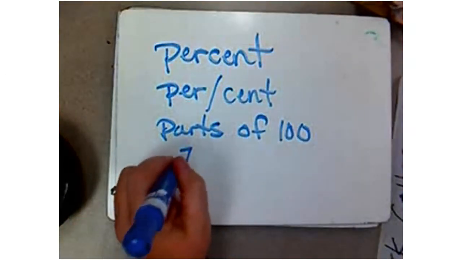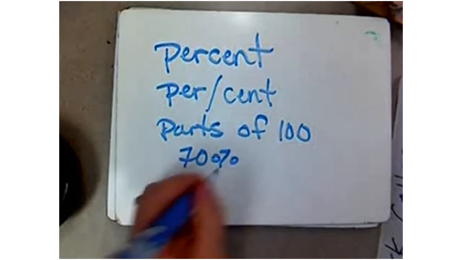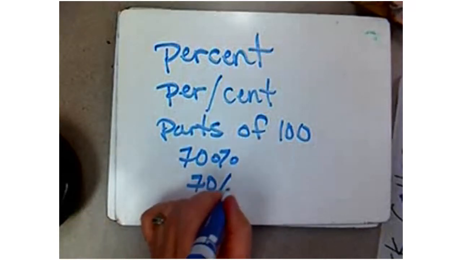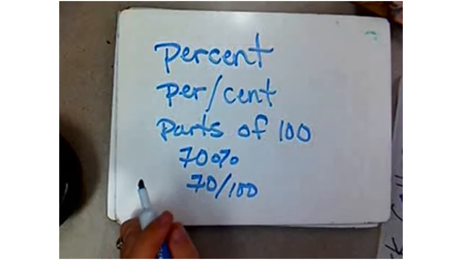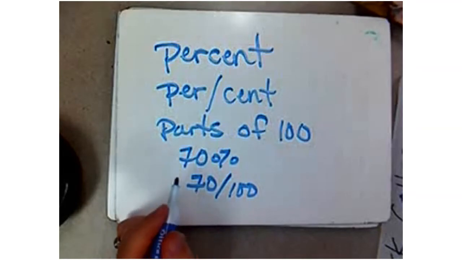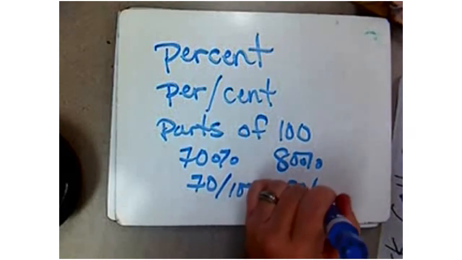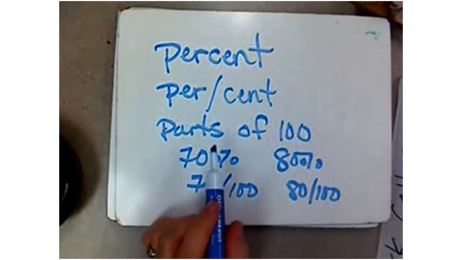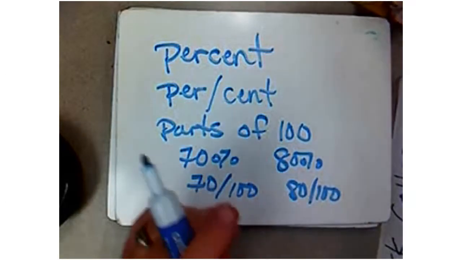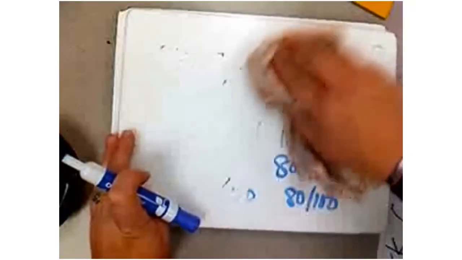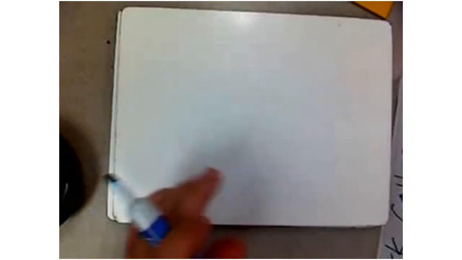If we have 70%, we have 70 parts of 100. If we have 80%, we have 80 parts of 100, 80 out of 100. So it means any parts out of 100.